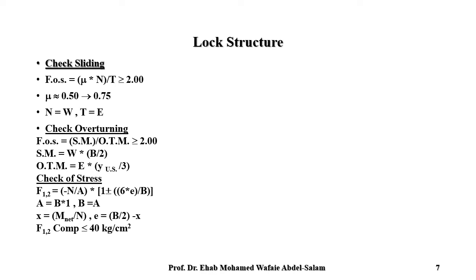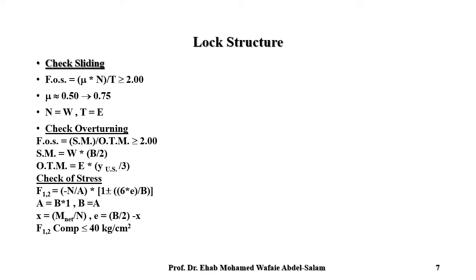Lock structure, check sliding. Factor of safety: mu multiplied by N over T capital is bigger than or equal to 1.5. Mu is a coefficient from 0.5 to 0.75.